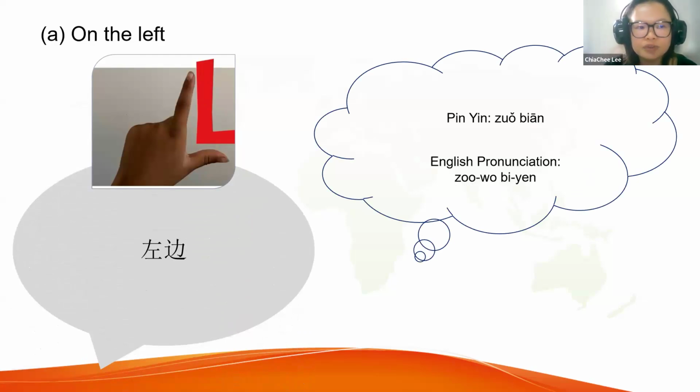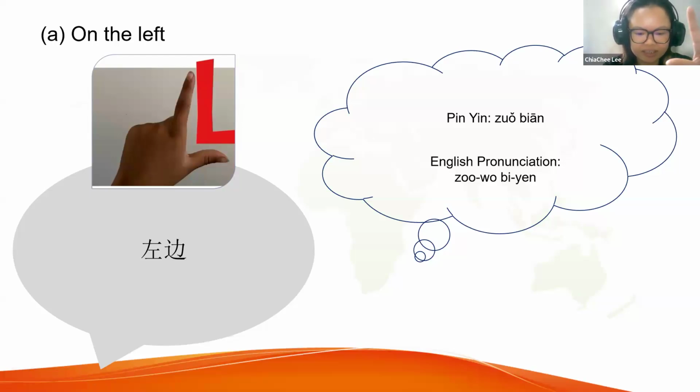So how to differentiate left and right? On the left, we first raise both hands up and see an L shape. L shape is pointing to the 左边, left. L shape is 左边, just like this.